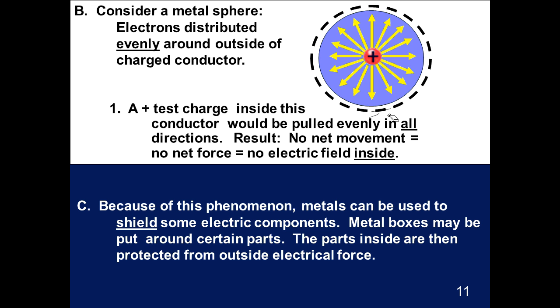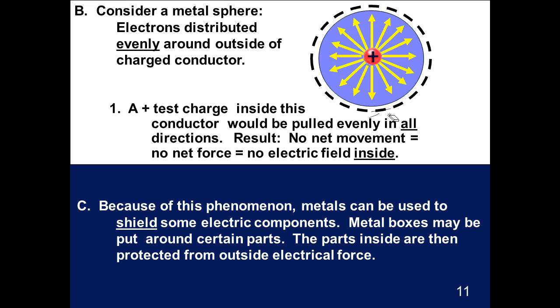So your components for your computer, I don't want them being interfered with by static charges on the outside or other electric forces that might be nearby. I want them protected, so I put them inside a metal box, which sounds counterintuitive.